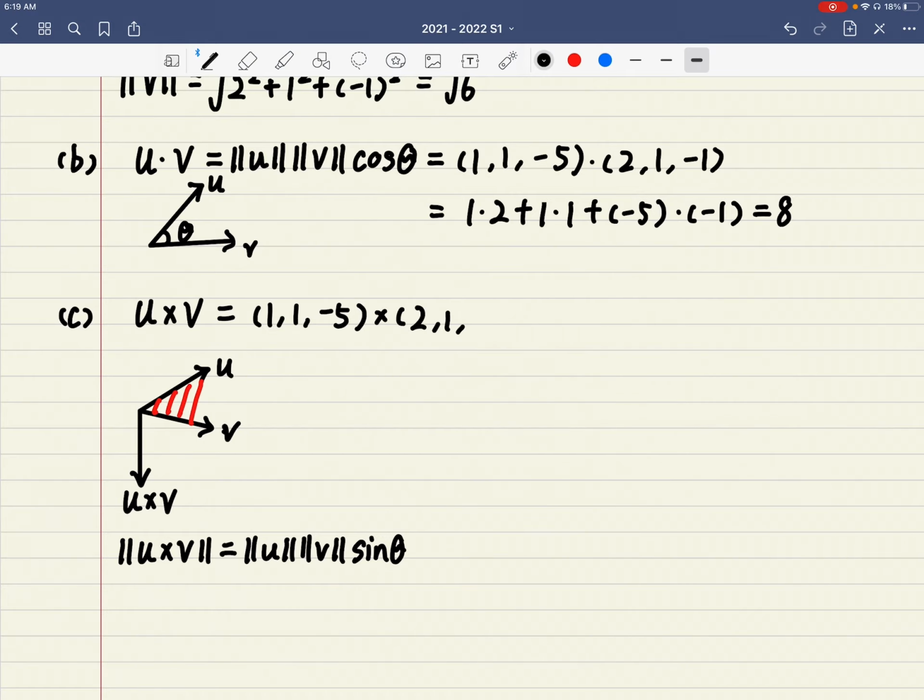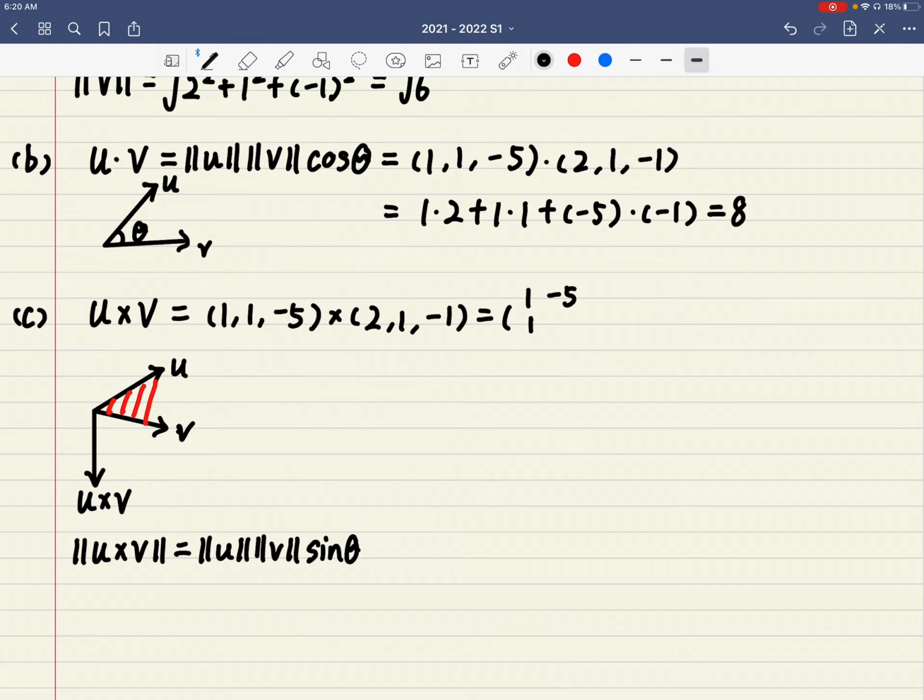The first part is you temporarily remove the first component. Then what's left is u is (1, -5) and v is (1, -1). So you put them this way, and you put this beside them.